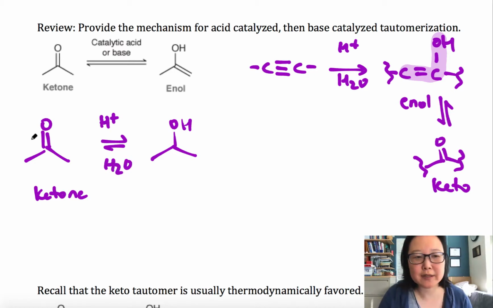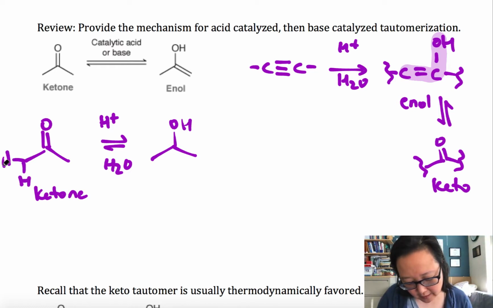Okay, you should be able to go this way, and you should also be able to go this way with the mechanism. Let me give you a hint. You need to think about these hydrogens over here or on the other side right here. Okay, so think about these and how you might interact all this to make the enol.